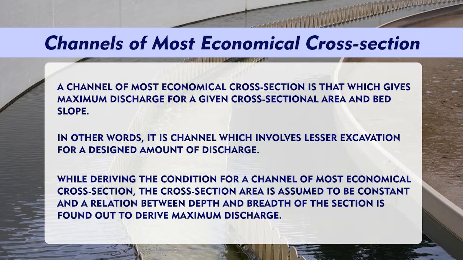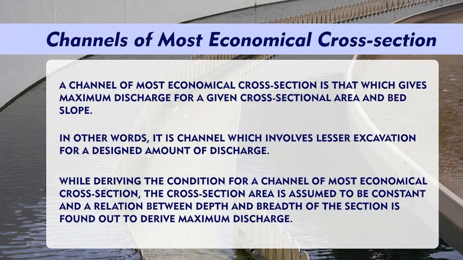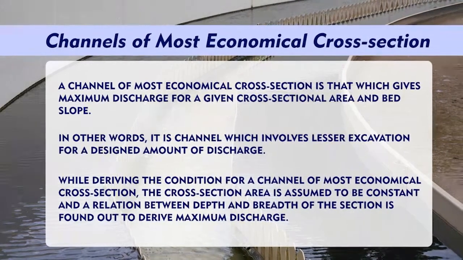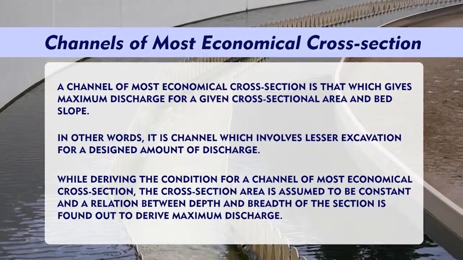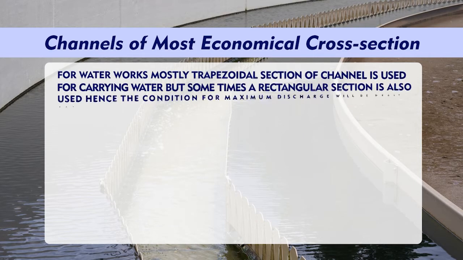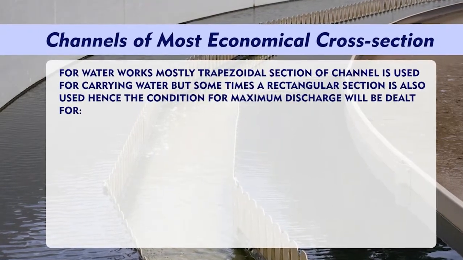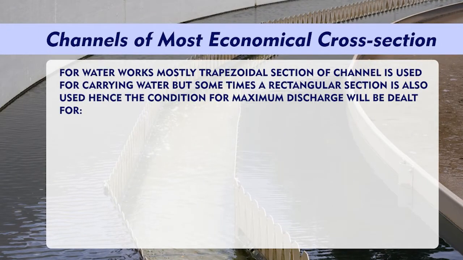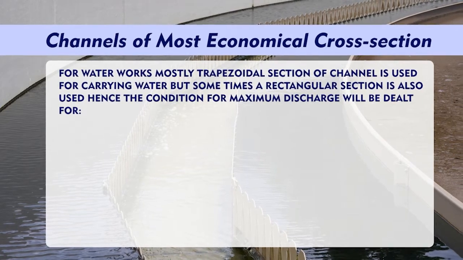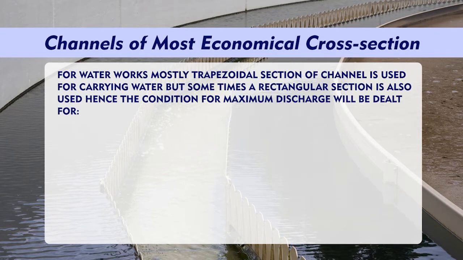While deriving the condition for a channel of most economical cross section, the cross sectional area is assumed to be constant and a relation between depth and breadth of the section is found out to derive maximum discharge. For waterworks, mostly a trapezoidal section of channel is used for carrying water, but sometimes a rectangular section is also used. Hence the condition for maximum discharge will be dealt with for the rectangular section and the trapezoidal section.